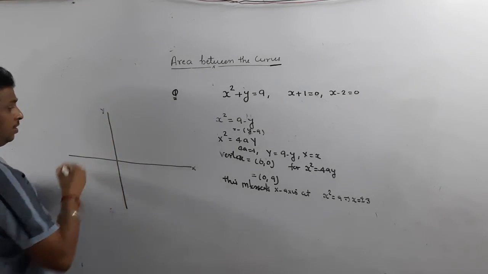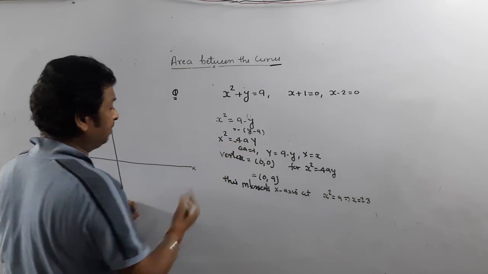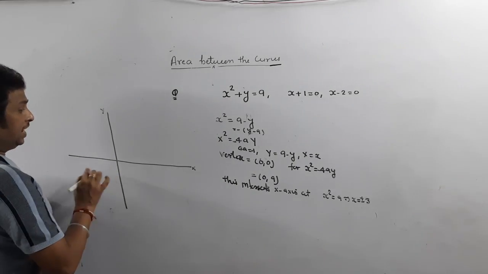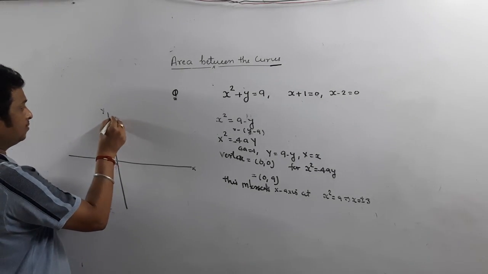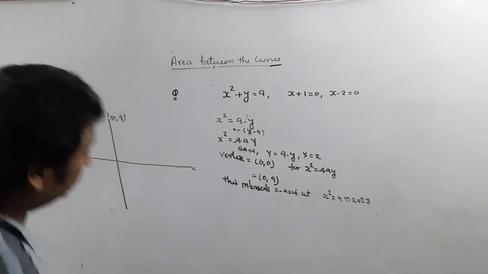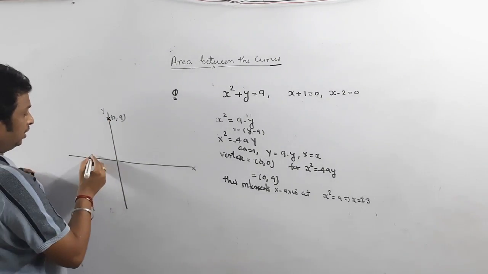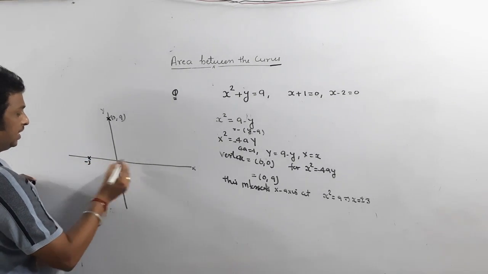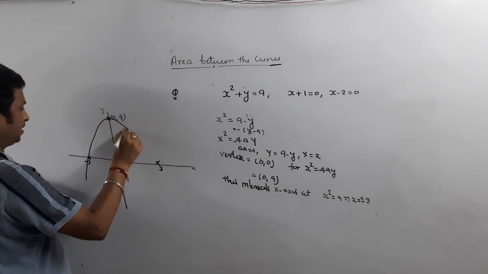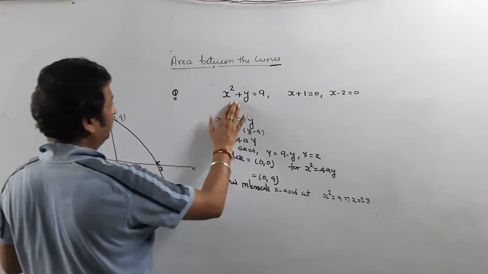Minus 4y means it opens downward, and the vertex at 0, 9 means x 0, y 9. So somewhere here is 0, 9. The vertex is this one. Now it cuts the x-axis at minus 3 and plus 3. So what is the rough sketch? This type. This is the sketch for the curve x square plus y is equal to 9.